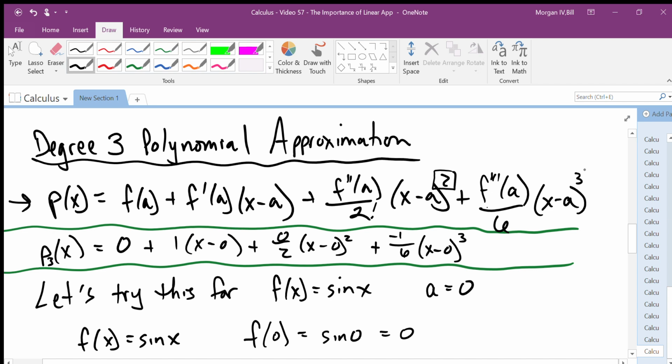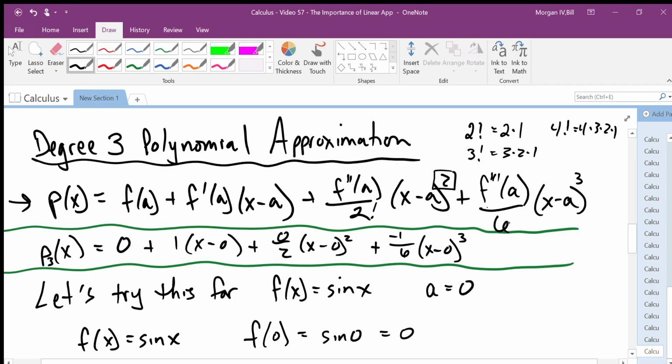And 2 factorial is 2 times 1. It's itself times every number below that till you get to 1. So, for example, 3 factorial, which is where the 6 is coming from, is 3 times 2 times 1. Right? 4 factorial, 4 times 3 times 2 times 1. 5 factorial, 5 times 4 times 3 times 2 times 1.